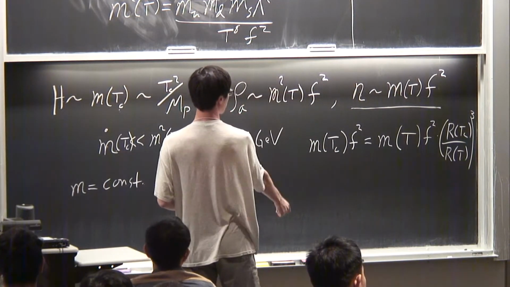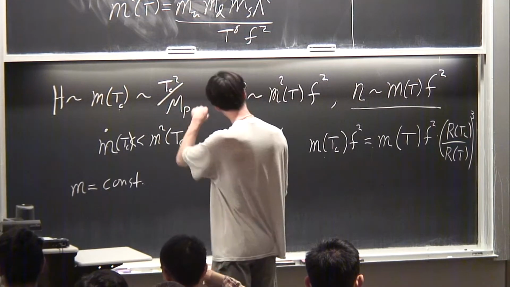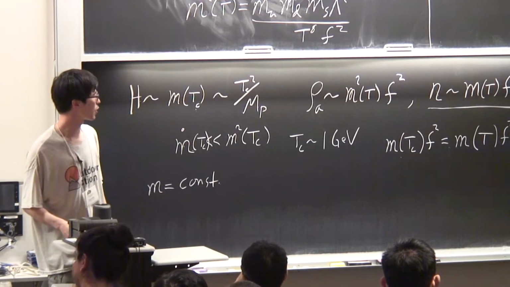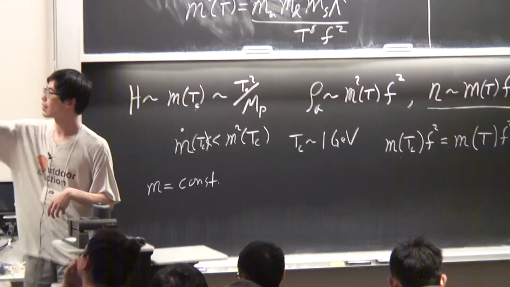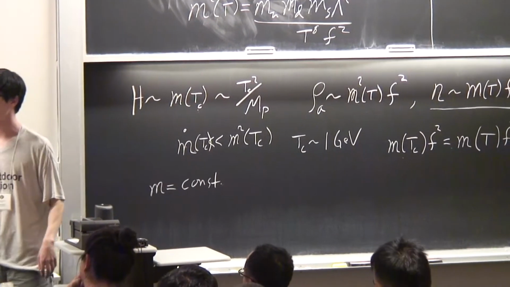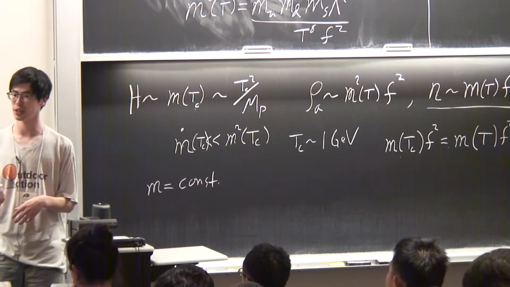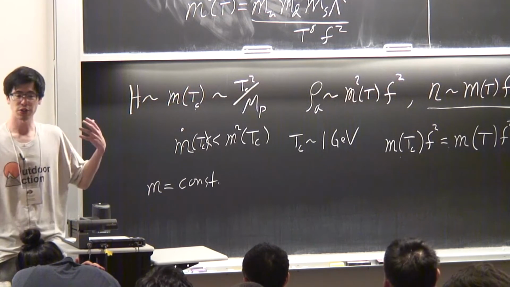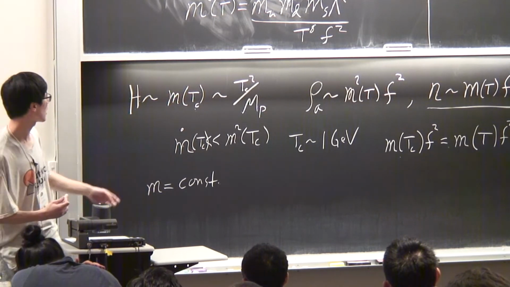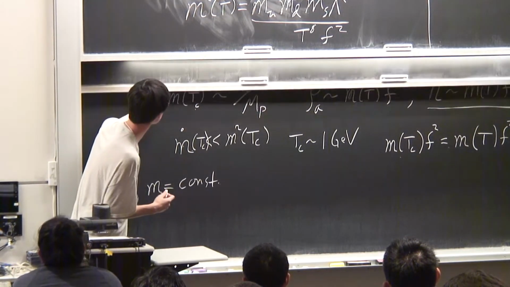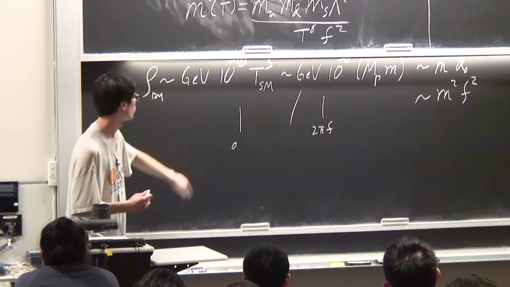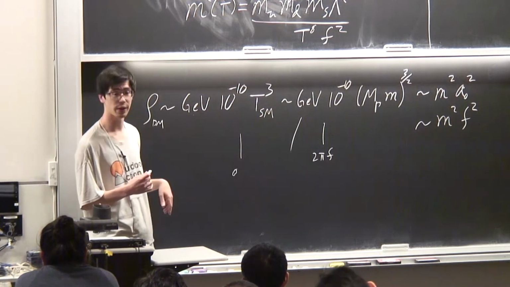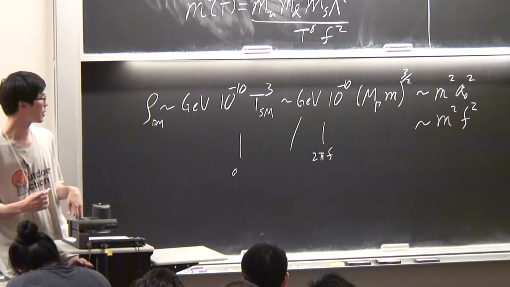The co-moving number density is conserved, and so the number density is just diluting away. And eventually you'll enter the chiral perturbation theory regime where at around 100 MeV, the axion mass stops changing. And so what you do is you evolve from 1 GeV to 100 MeV, and just say at 100 MeV, I do the exact same estimate I did before, which was that rho at 100 MeV of the dark matter should be equal to this number here, 10 to the minus 10 T cubed times GeV.